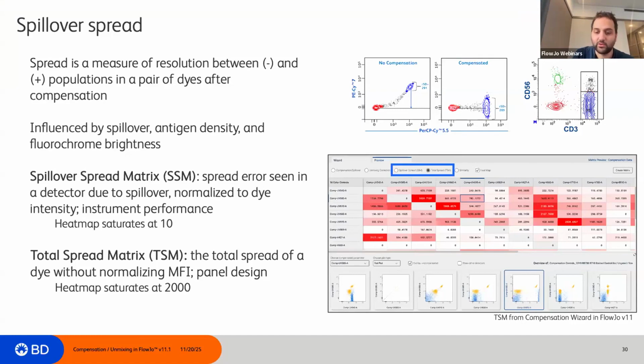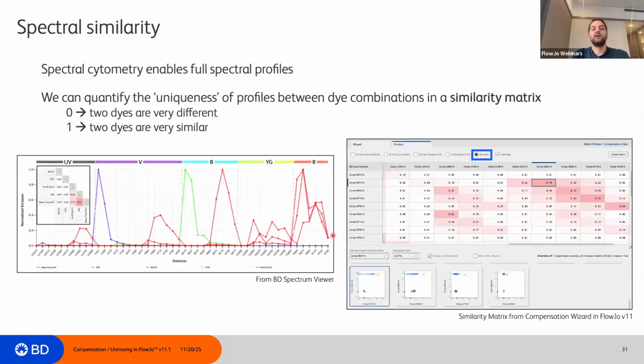Right, and the final metric we have is the spectral similarity. Basically it shows you in values of 0 to 1 how dissimilar two fluorochromes are. If you have two fluorochromes that are very non-similar, it would have a value of 0.